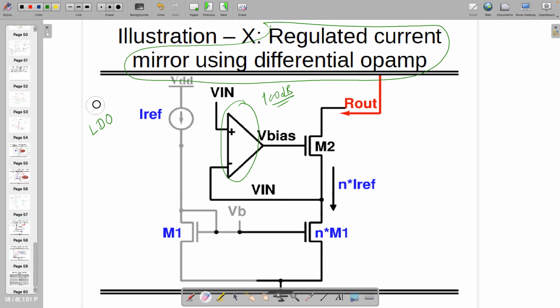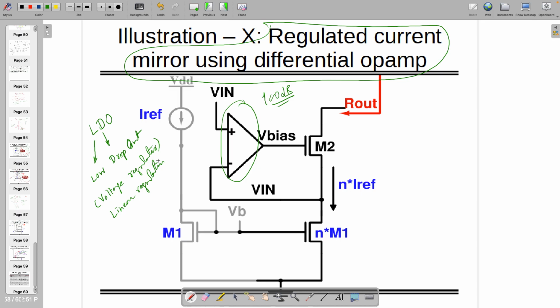It is called band gap reference, but LDO is called low dropout circuit, right? It is also a kind of voltage regulator, or you can say a linear regulator. All these things you must have heard in your different courses in power electronics or many other places, right?